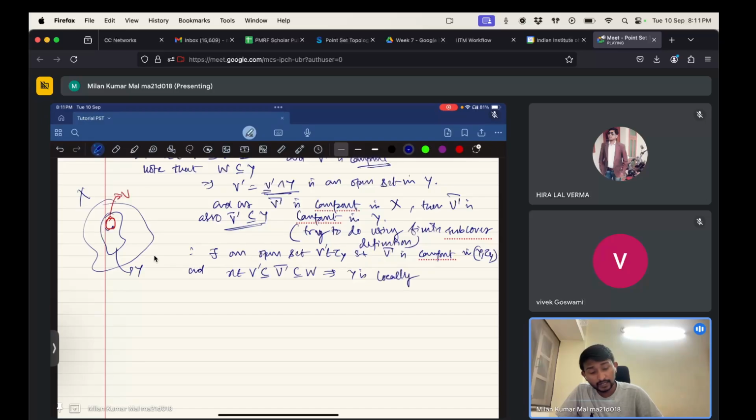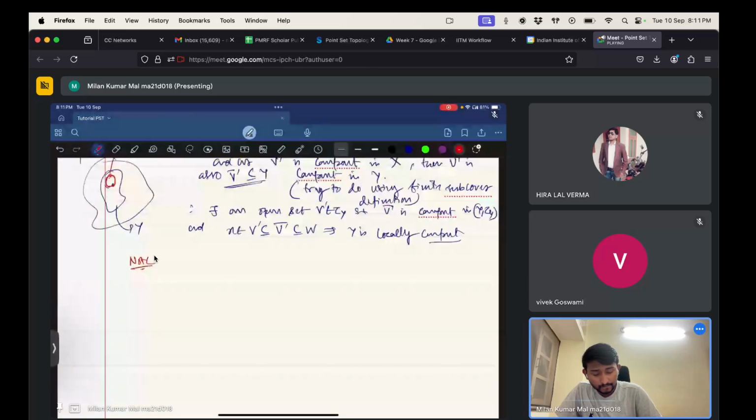So the interesting fact: if I take a topological space that is compact, and if I take a closed subspace, let me write it. Note: a closed subspace of a compact space is compact.